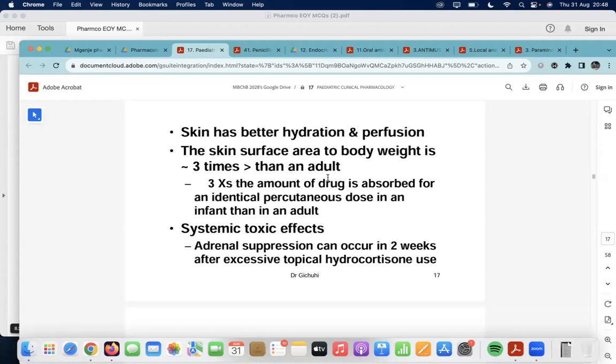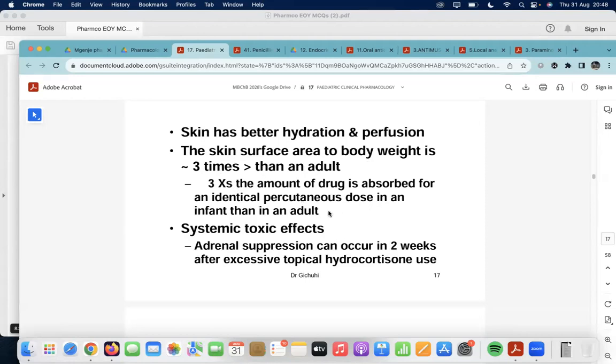So I think the smaller you are, the greater the surface area to body weight ratio. Because of this, 3 times the amount of drugs is absorbed for an identical percutaneous dose in an infant than an adult, because the surface area to body weight is larger.